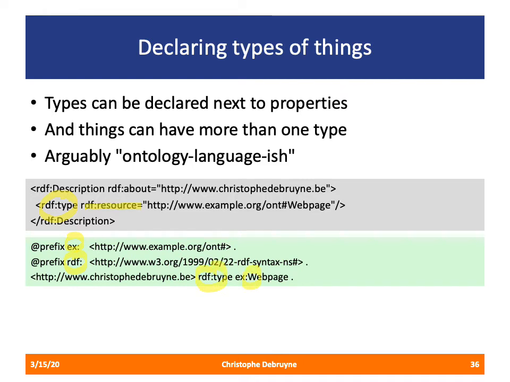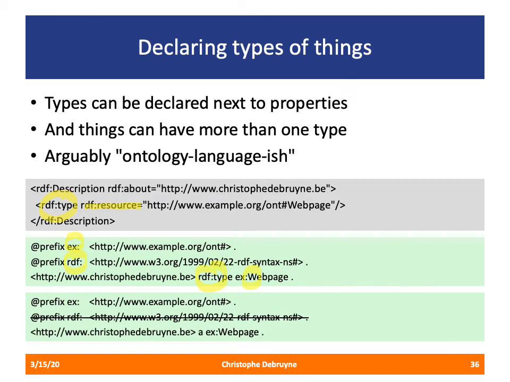Now, because type declarations happen so often, in RDF Turtle, they've created a shorthand for that, which is A. So you don't need to declare the RDF namespace if you only use it for RDF type, and you can just avail of the letter A to state that thing with that URI is a web page.